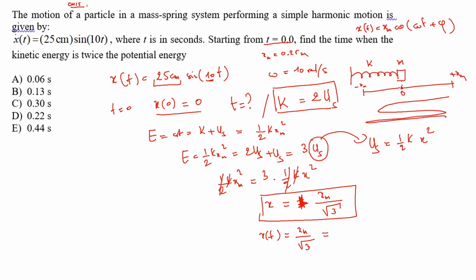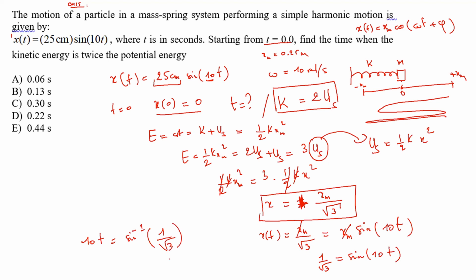Using my equation, x at that time is equal to x max sine 10t, x max being 25, right? And now my only unknown is t. Now x max will simplify, so I'll have 1 over square root of 3 equals sine 10t. That means 10t is sine inverse of 1 over square root of 3.